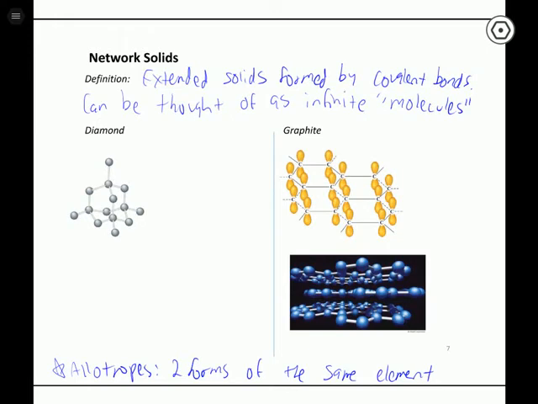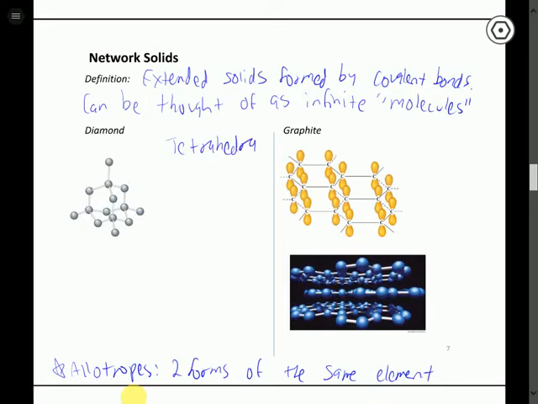Okay, so if we have diamond, this is the structure of diamond. It's just tetrahedra of carbon atoms that go on forever and ever. If you look at this carbon here in the middle, you have four that surround it in a tetrahedral arrangement. But then it doesn't just stop there. This carbon that I've numbered 1 has 3 more bonded to it, and this one has 2 more bonded to it, and so on.